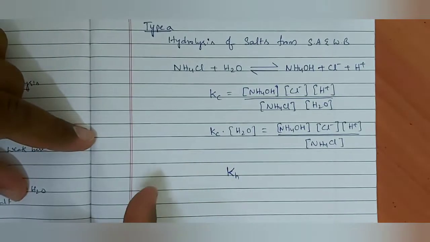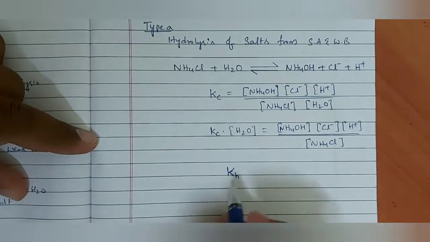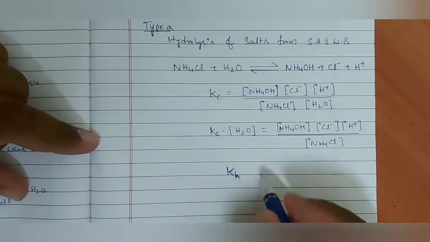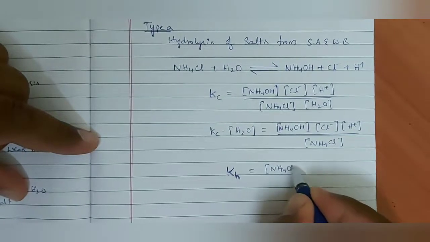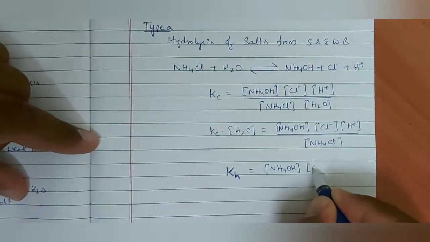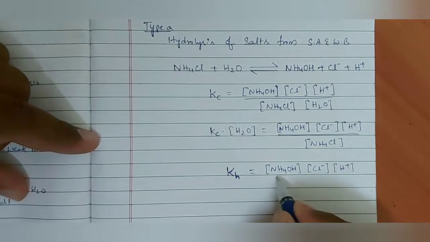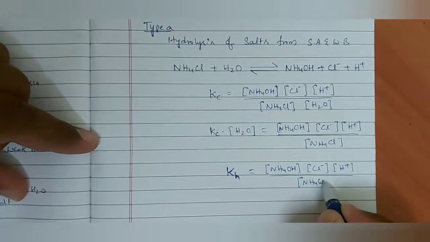As this concept is related to hydrolysis, we wrote Kh value. If it is related to acid, we wrote Ka. If it is related to base, that is Kb. Like that, here this concept is related to hydrolysis, so I wrote Kh. Kh is equal to concentration of NH4OH into concentration of Cl minus into concentration of H plus whole divided by concentration of NH4Cl.